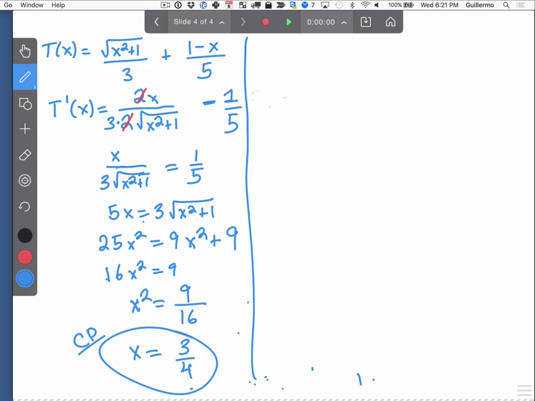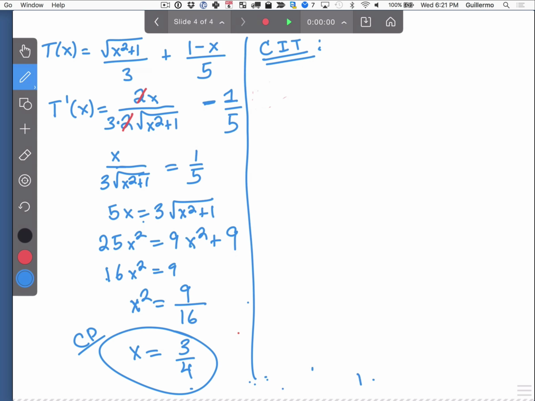No. Excellent job there. We're going to use the closed interval test. Why is that? We just called it the closed interval test; it's not really called that. But why is it? Because we have a closed interval in this case, right?